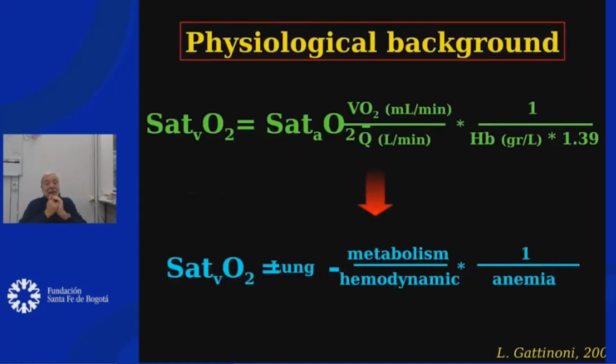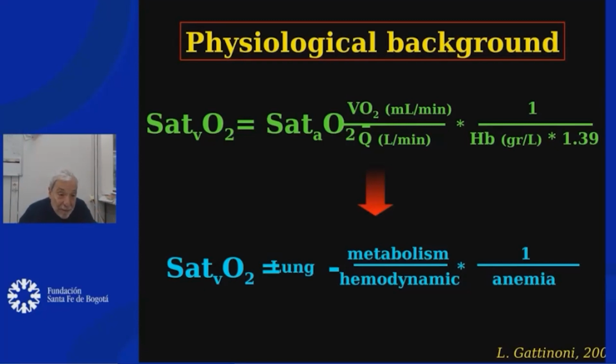So, what is the saturation? The venous saturation is a sort of summary variable. We will speak afterwards about the mechanical power, which is another summary variable of many things.